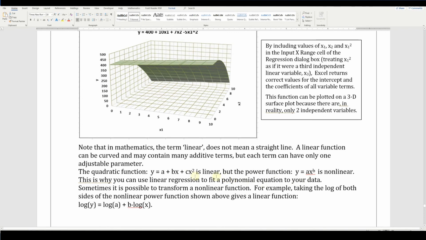Now, it's often possible to transform a nonlinear function like this power function to something that's linear. For example, if we took the log of both sides of this equation, what would we get? We get the log of y is equal to the log of a times x to the b. And you recall that the log of a product is the sum of the logs. So that would be log of a plus the log of x to the b, which is b log x.